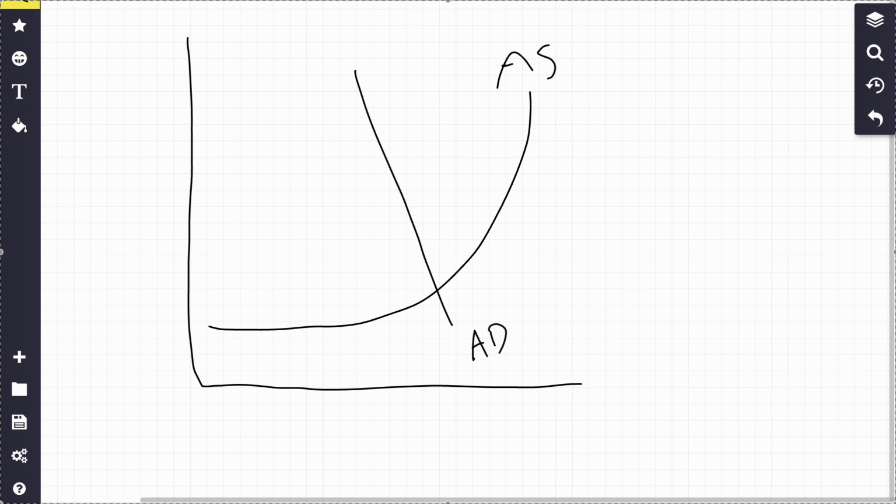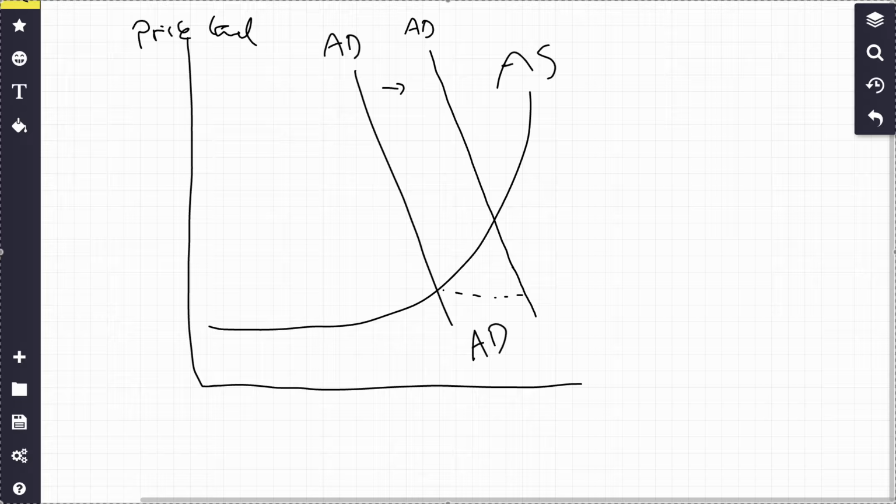And during World War One or World War Two, the beginning of the Pacific War, AD shifted to the right because government were actively using resources to make wartime goods. They were spending so much money, and the government spending increase did result in significant shortage. Okay, this is the shortage, and then that drove up the price.